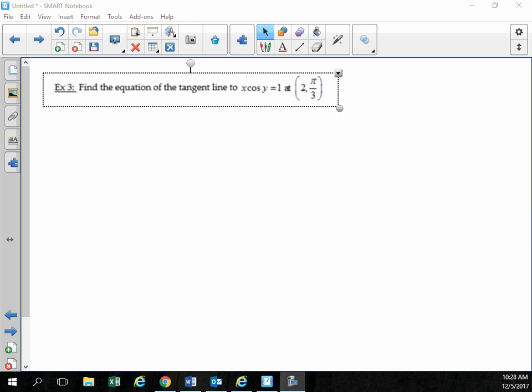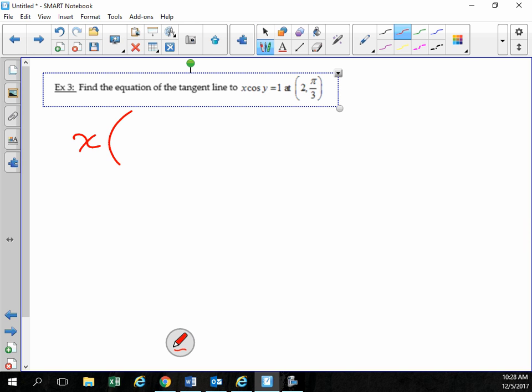Product rule. So, first, derivative of the second. By the way, the derivative of the second, you have to use what? The derivative of cosine of y, you have to use chain rule because it's not a plain old x sitting right there.